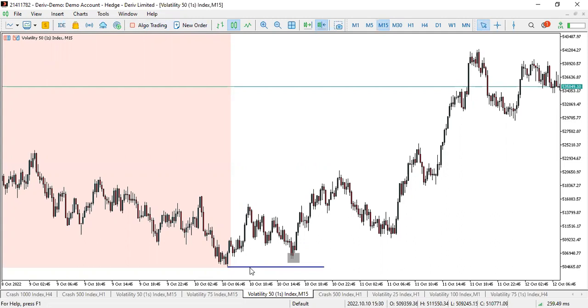It should have created this level below here and then continued going down. You understand? Unfortunately, it wasn't like that. So which shows, the moment it fails to break below this level, it's a lower low and it created a lower high. And it means the market is now starting to go bullish. So what do we do, guys? We do something like this.